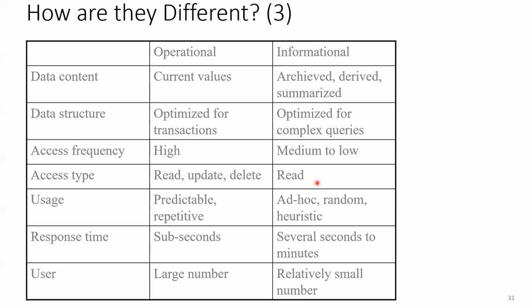But those people who are using the data warehouse of Twitter or Facebook are a small number, a few people. Maybe 2, 3, 10, 20 people who are trying to understand the patterns of information exchange between Twitter users. So they will be very few. And all the users of Twitter are millions or even billions. So that is a large number of operational users.